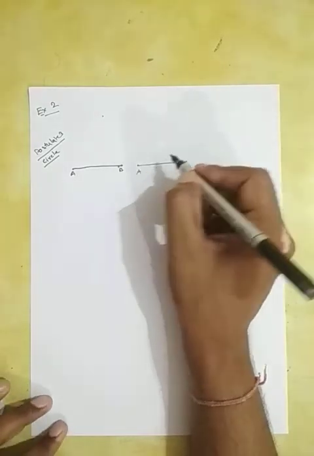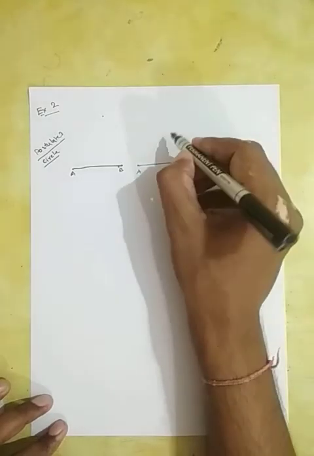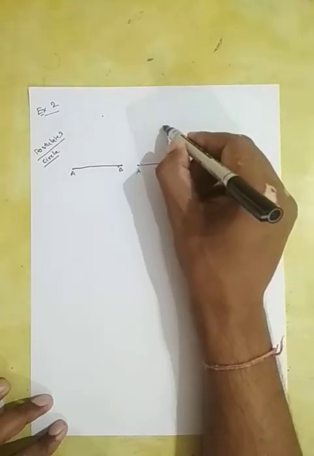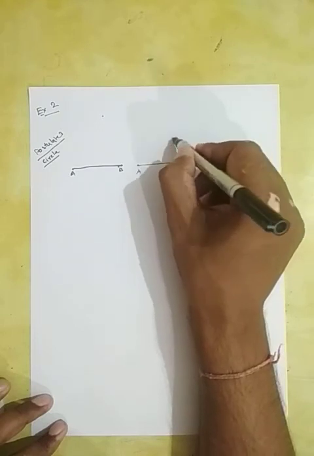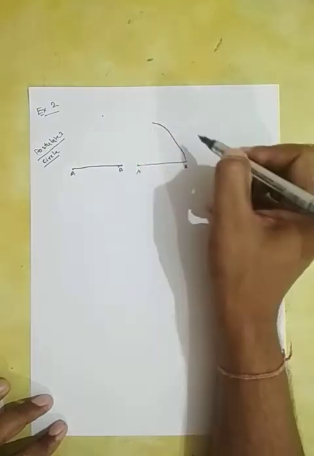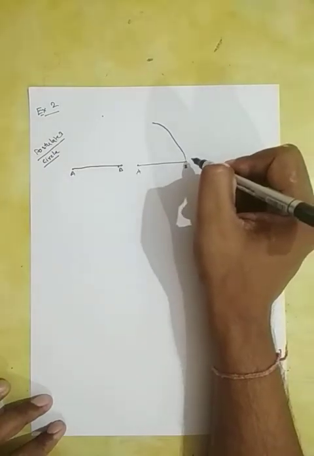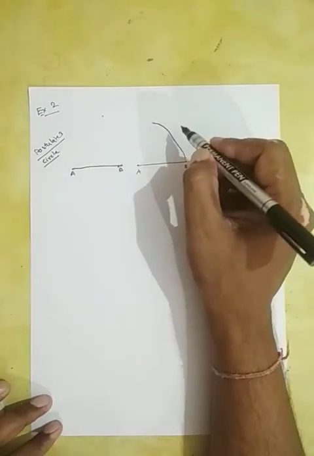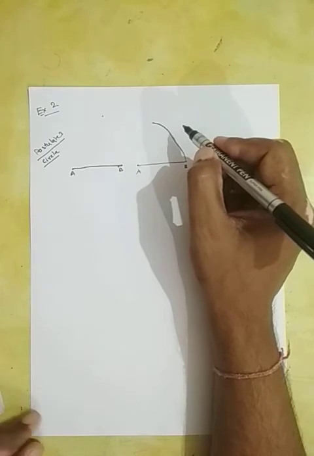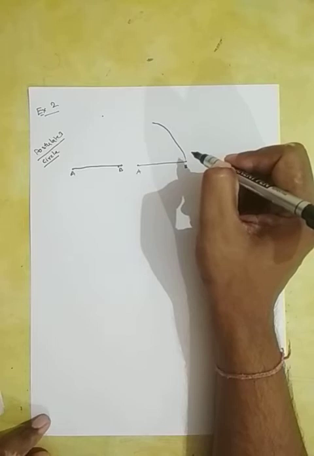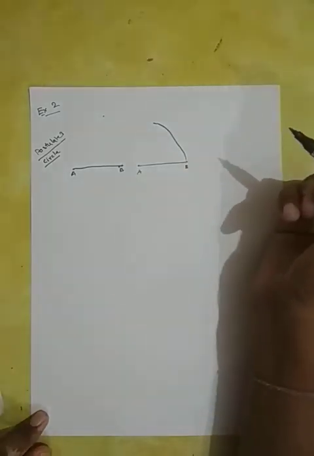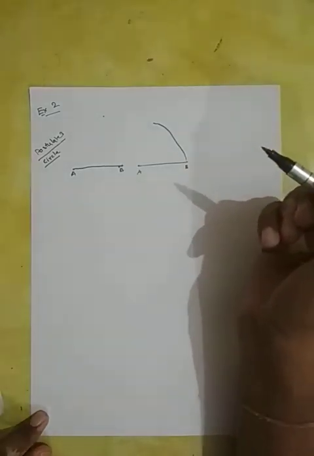From the center A, we can draw a circle. This is the circle we draw from A. Now from B we draw a circle.